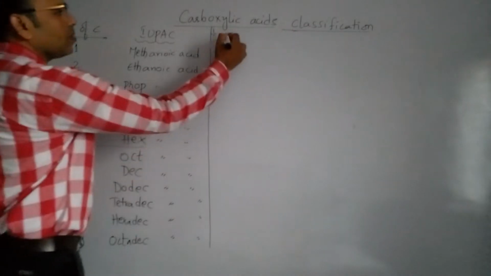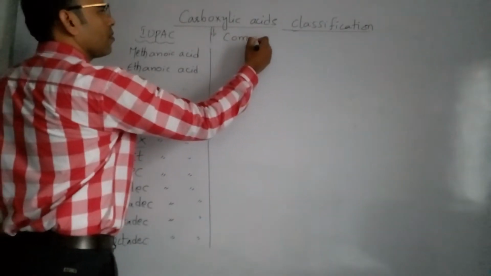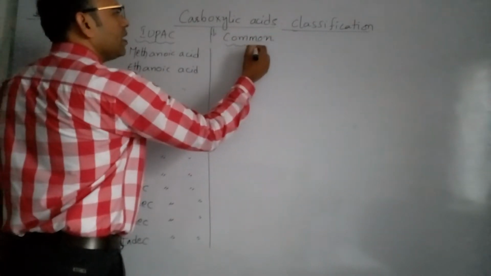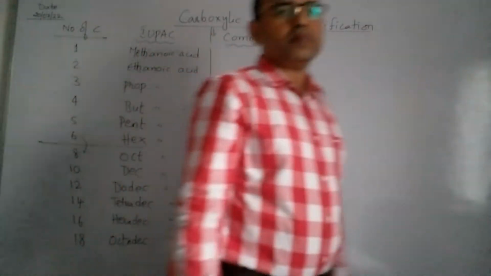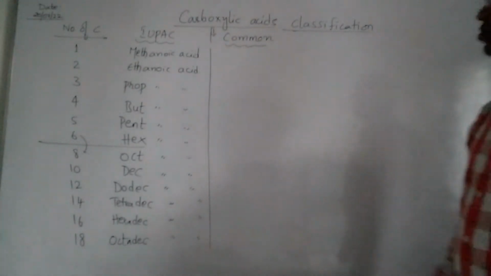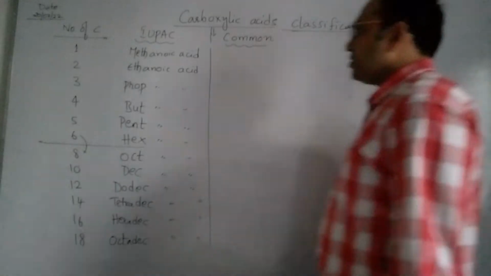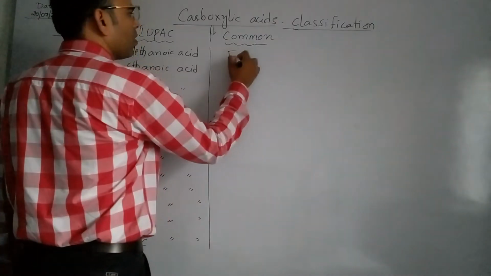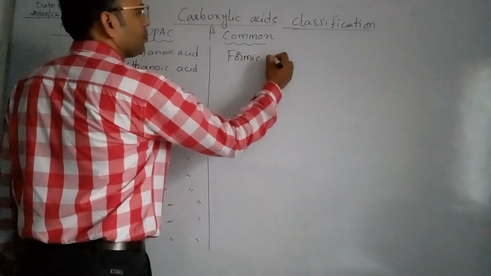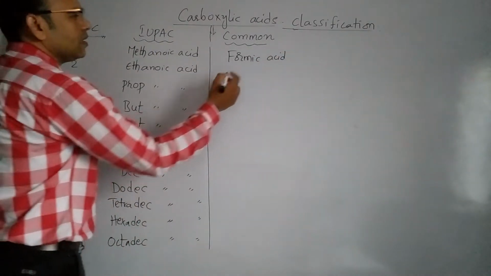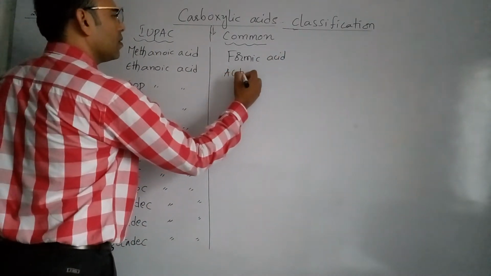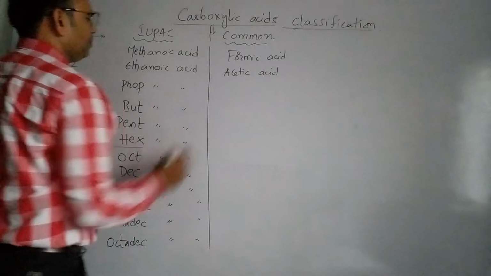Next, how to write the common name? Common names are derived from the source or from the place, so it is easy to write. For methanoic acid, you know, formic acid, then 2 carbons, acetic acid.